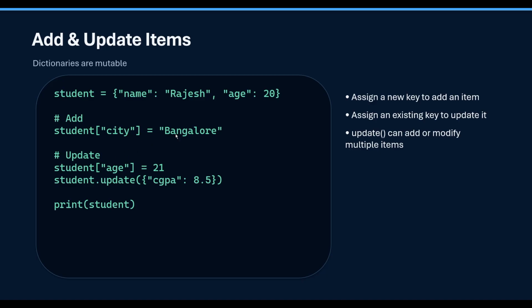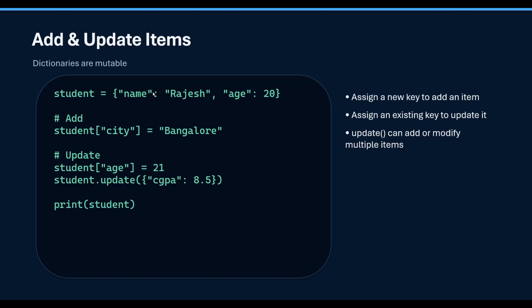In another way, we can add a value by using student and creating a key, for example city, which was not in this dictionary before, and assigning the value Bangalore. It will be added, like city equal to Bangalore. So this is how update and addition work. Another way of updating is student, then the key that is given, and then you update the value. We can print that.